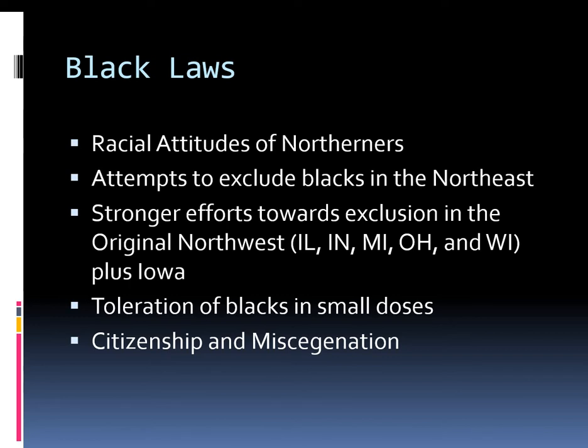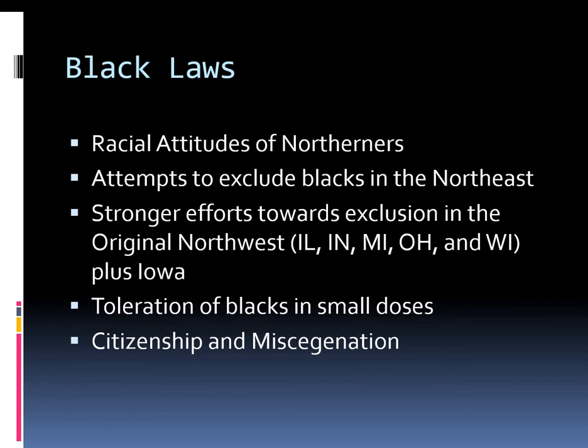And of course, miscegenation. I'm not sure if you know what miscegenation is, but if not, I will fill you in. Miscegenation is basically interracial or intercultural marriage. So, really interracial marriage, but I guess you could even include intercultural marriage.